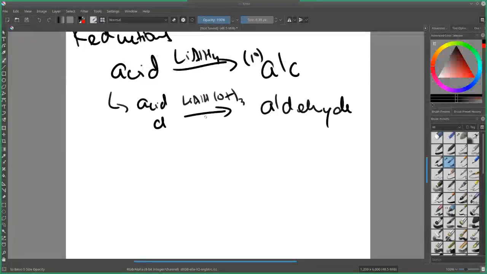It's one of the much more mild reducing agents. So this is one of the specific uses. There's a bunch of other ones of these. Lithium aluminum tri-tert-butoxyhydride is one. Sodium borocyanohydride is another one that you learned recently. Yeah, there's a whole list of them.